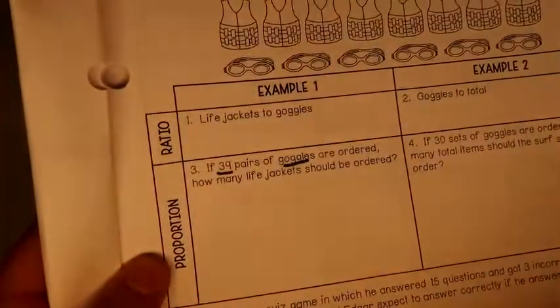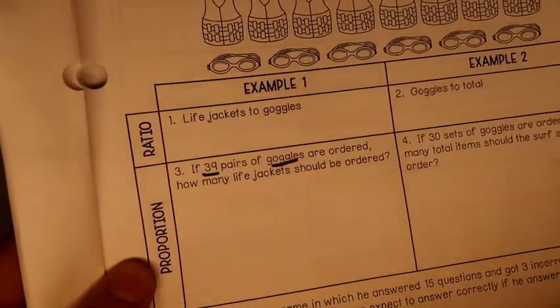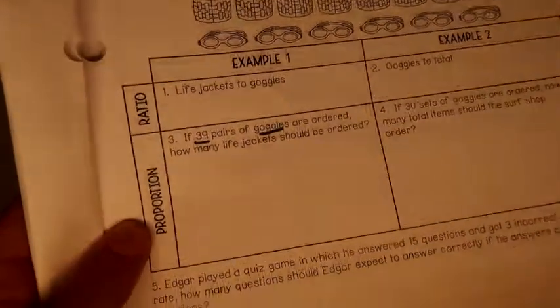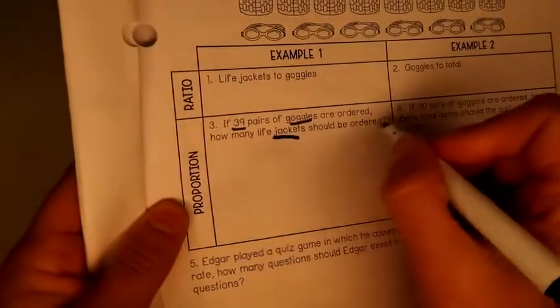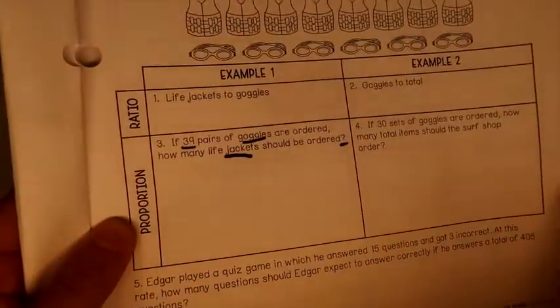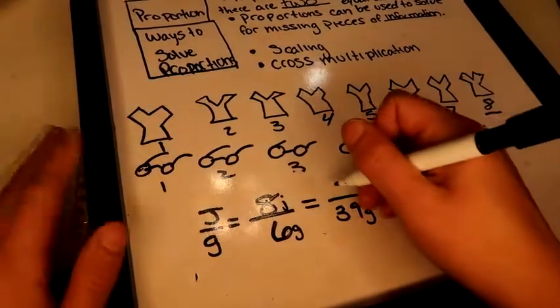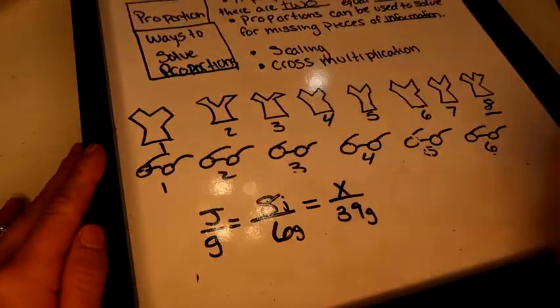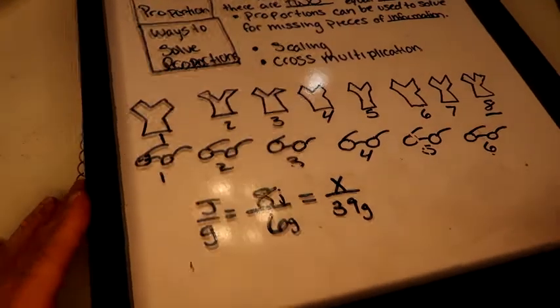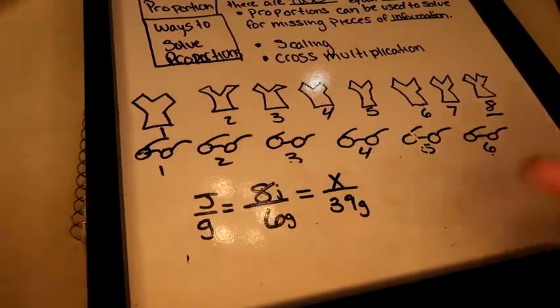If 39 pairs of goggles are ordered, how many life jackets should be ordered? Life jackets? Question mark. We don't know, right? So I'm going to write an X. Because I don't know how many life jackets should be ordered.